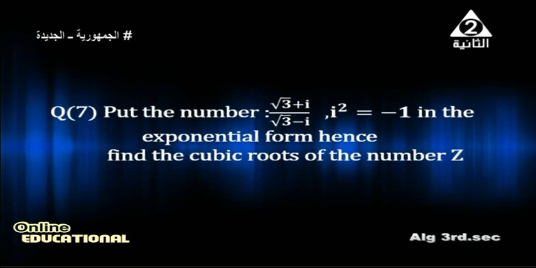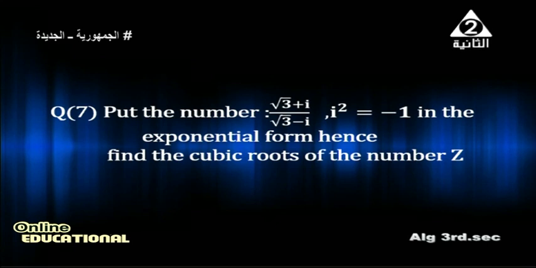Another example. Put the number (root 3 plus i) over (root 3 minus i), and we know i squared equals negative 1, an imaginary number, in exponential form, hence find the cubic roots of that. At first, by using a calculator or manually, what is (root 3 plus i) over (root 3 minus i)?